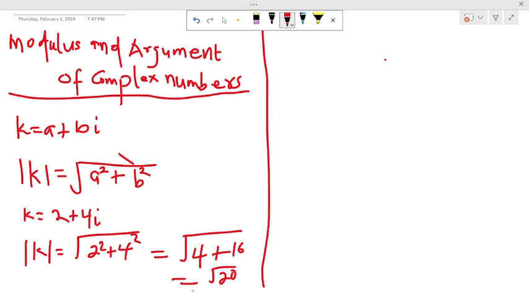And root of 20 is basically 2 root 5, or 2 multiplying root 5. So this is an example on modulus.